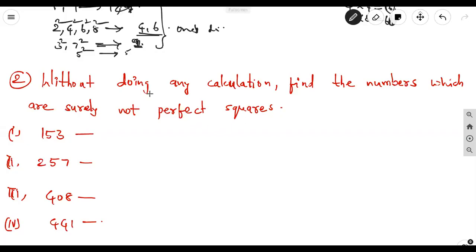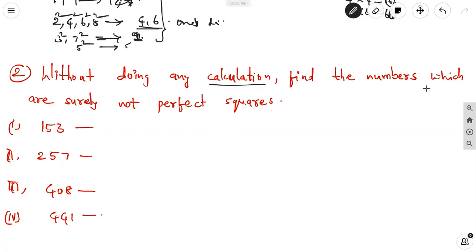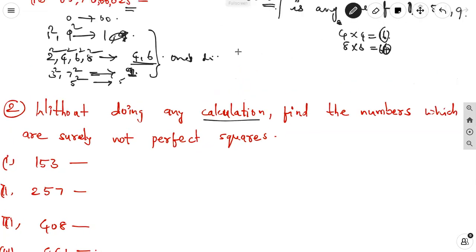Second question. Without doing any calculation, find the numbers which are surely not perfect squares. Already we discussed that for the perfect squares of any numbers, the units place or the ones digit belongs to any one of these.